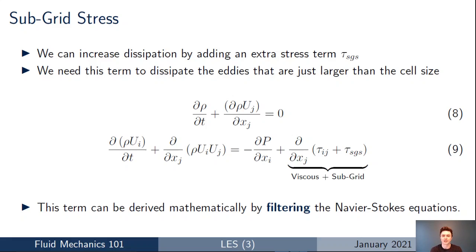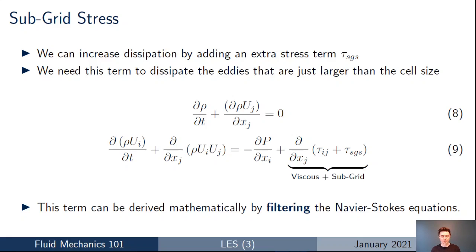The most straightforward way to do it, and this is what you'll see in the majority of papers, is we add an additional stress term to that viscous stress tensor. This term is often called the subgrid stress, and it goes in the divergence operator again, as we saw before. The purpose of this stress term is to artificially increase the dissipation so that we're able to dissipate those eddies that are just larger than the cell size.